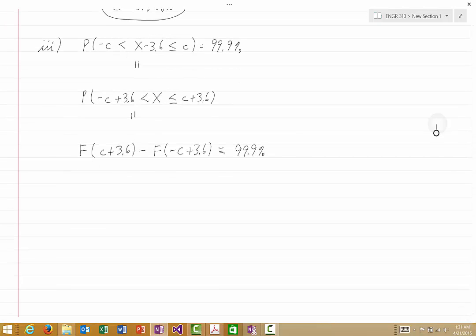Now again, remember, I'll just put a reminder over here on the right-hand side. Remember that capital F of little x is phi of (x minus mu) over sigma. And in this problem, mu is 3.6 and sigma is 0.1.